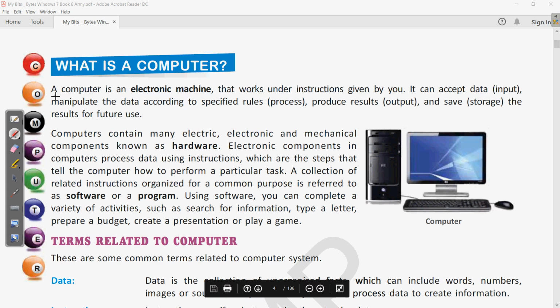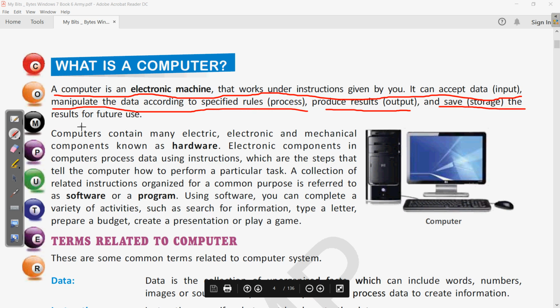Here you can write: a computer is an electronic machine that works under instructions given by you. It accepts data, that is input, manipulates the data according to specific rules, that is process, produces results, that is output, and saves the result in storage for future use.